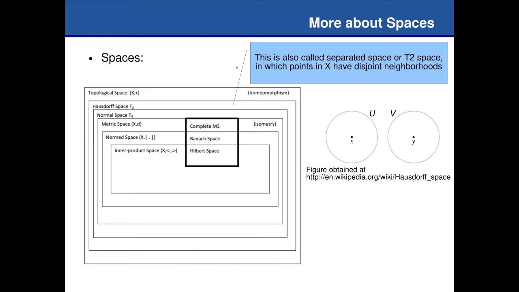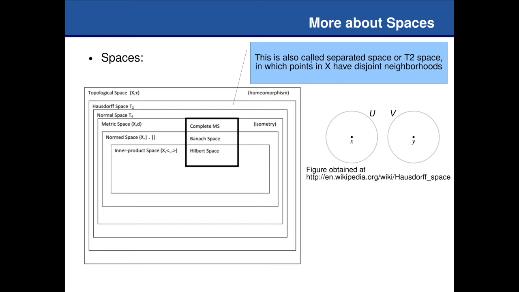Hausdorff spaces consider some sort of separation between two elements. We've got an element X and an element Y, and there is a given neighborhood, and given those neighborhoods, if we build up those open balls around them, there is still some distance or difference between them.